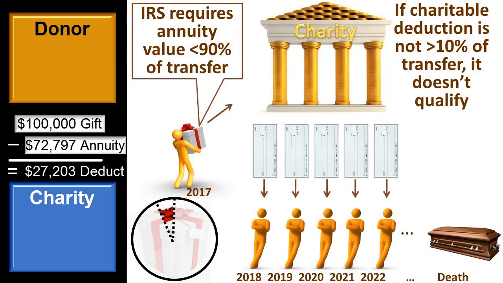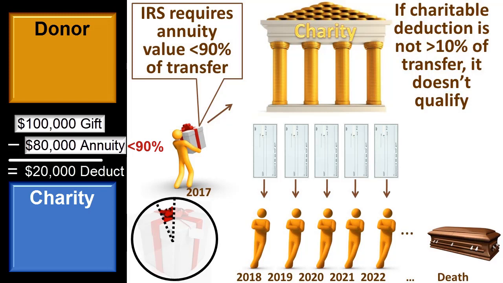Of course, if the charity had paid the donor more than $4,000 per year for life, then the charitable deduction would have been less. There is, however, a limit on how much the charity can pay to the donor. The IRS requires that the value of the annuity given to the donor must be less than 90% of the value of the gift the donor gives to the charity.